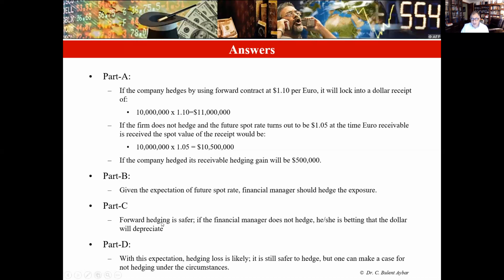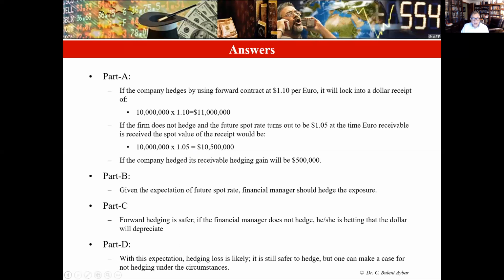Obviously, we would hedge, because by doing this, we are going to lock into the $11 million receipt. But if you don't hedge, and the spot rate transpires to be something lower, we would incur a loss as compared to it. So forward hedging obviously is safer under all anticipations as compared to not hedging.